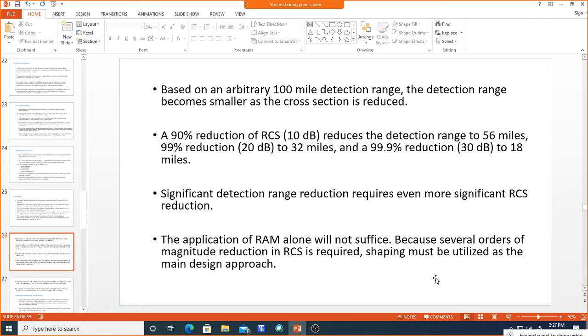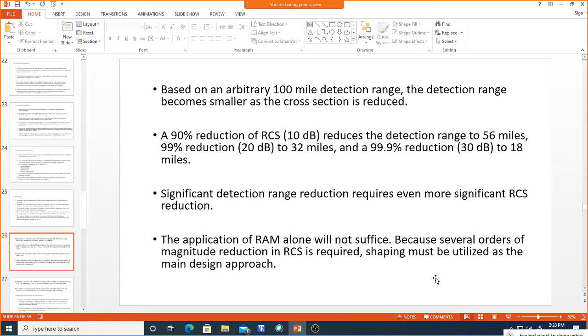Say I have a target at 100 miles, and that target is having a 90% RCS reduction, then we cannot reach 100 miles, we can only reach up to 44 miles, because this percentage of reduction will reduce the detection range by 56 miles. So 100 minus 56, we can only go up to 44. Like that, the percentage of reduction in RCS reduces the detection range.